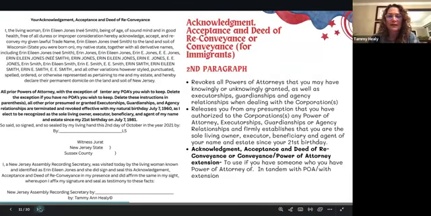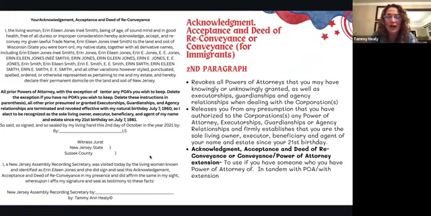All right. Now, the second paragraph, this is where you revoke all powers of attorney that you may have knowingly or unknowingly granted. So when your mother signed your birth certificate, she signed over your rights to the government. And so anytime you get a ticket in the mail, which is why you get solicited by attorneys to represent you.